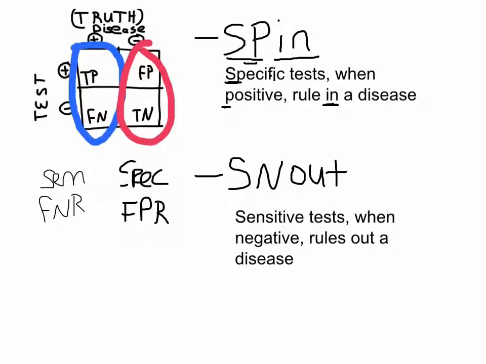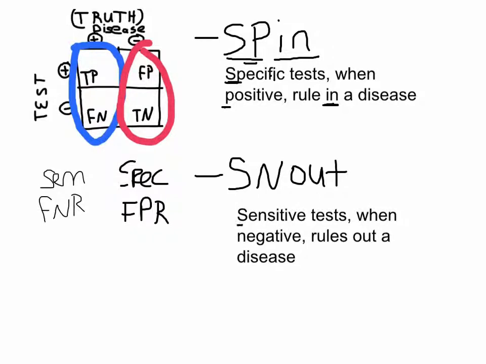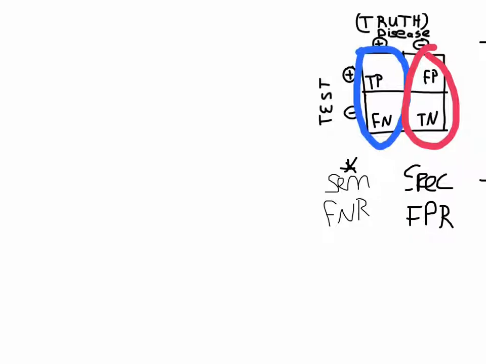And SNOUT, standing for a sensitive test, so the S and the N, sensitive test, when negative, rules out a disease. So sensitive, negative, rules out. I know what you must be thinking. If sensitivity is the true positive rate, then how does it rule out a disease? Let's take a look at how each of these is set up.